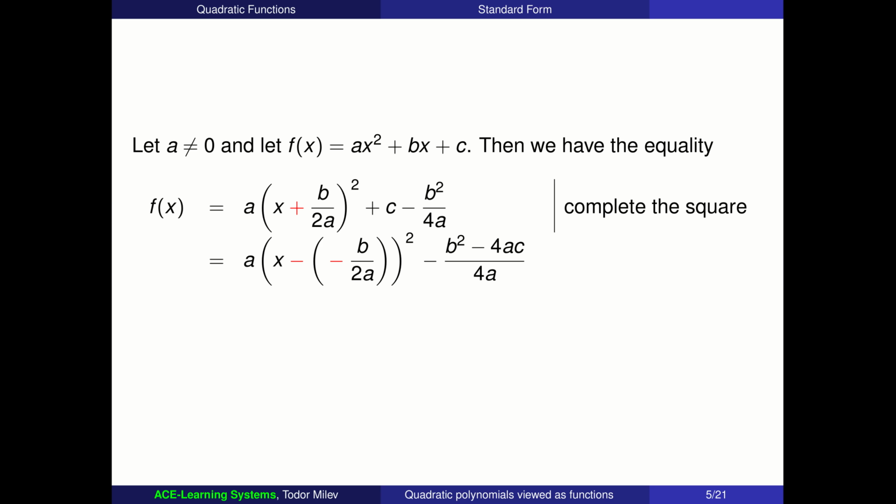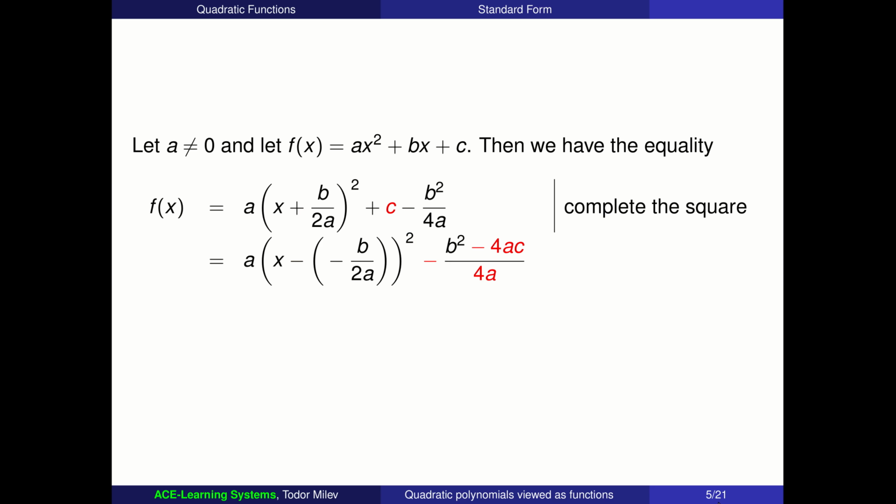Another thing we can do is take these two terms that we see here and put them under a common denominator. So how is that done? Well, minus b squared stays minus b squared here.